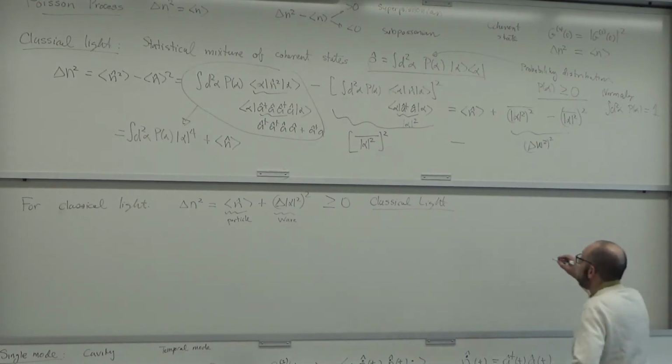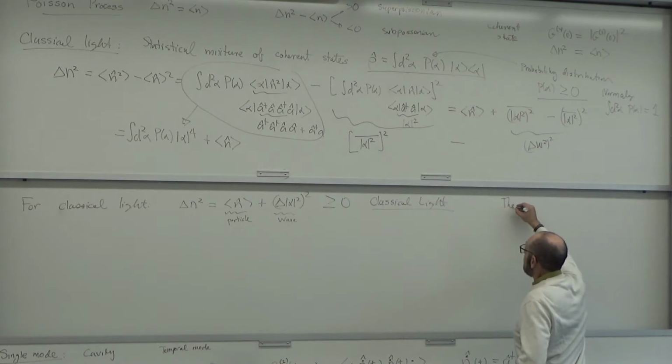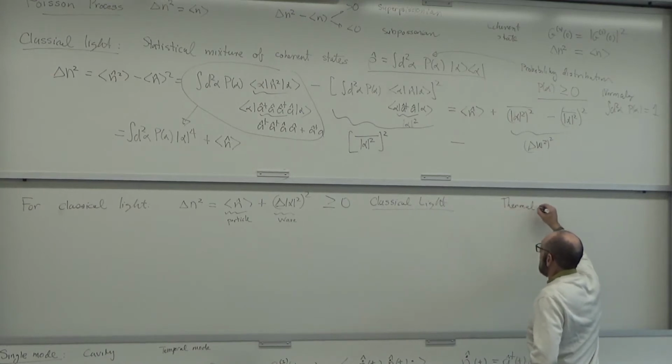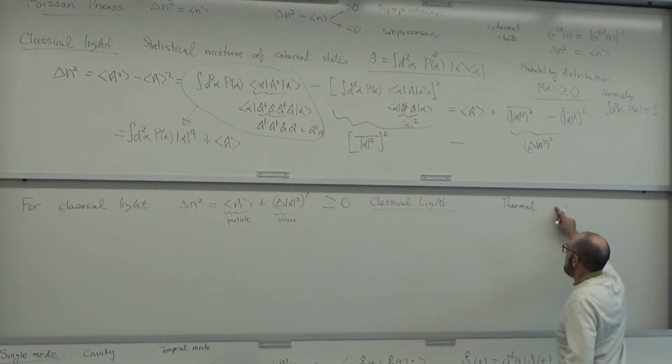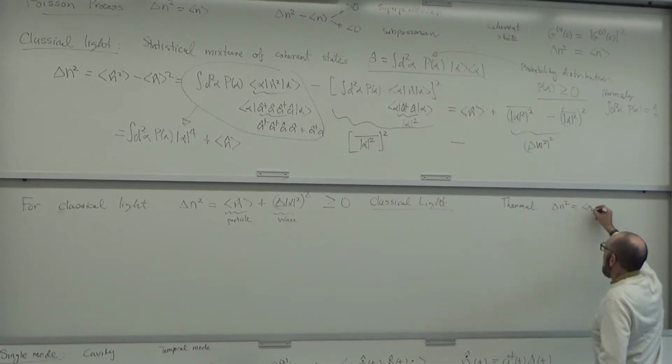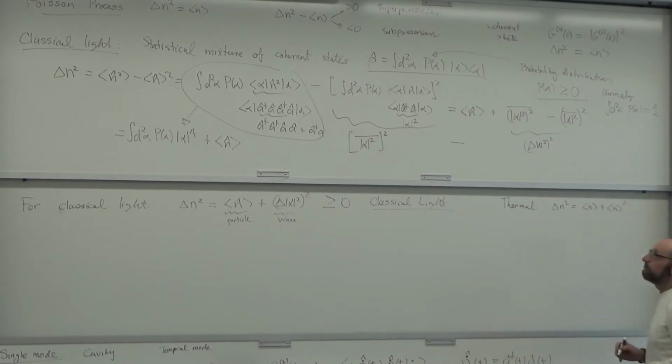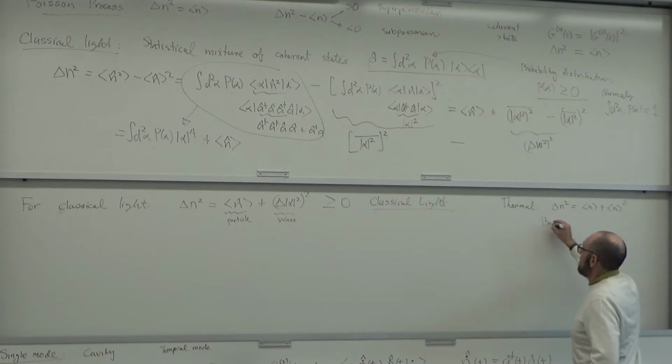So for example, for a thermal state, we had that the fluctuation in photon number was equal to the mean n plus n squared. That was the Bose-Einstein distribution.